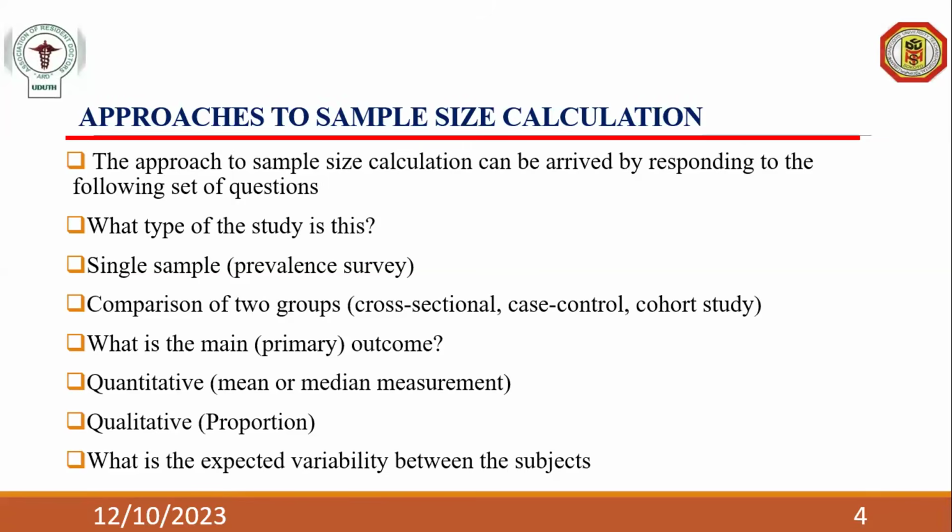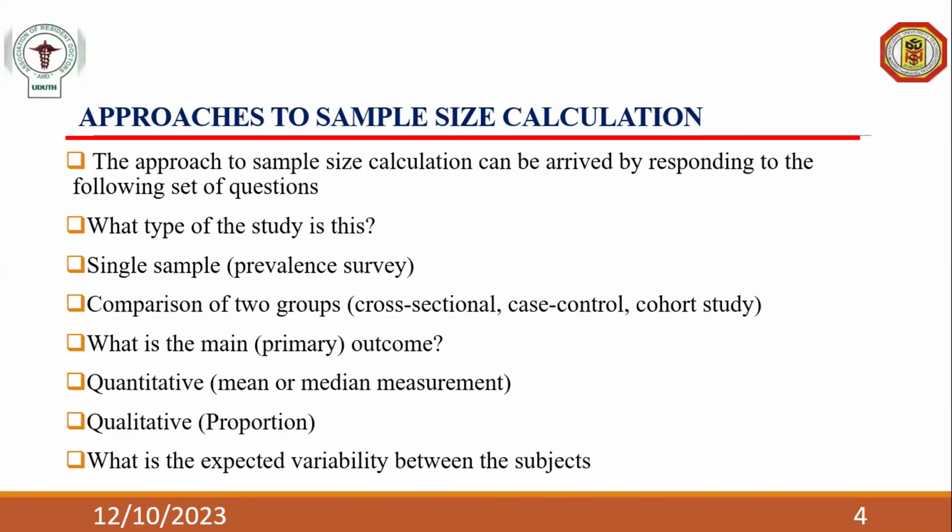So when you know your study type, you know your sample, you know your grouping, whether it's a comparison group or not, you must also know your outcome variable. What is your outcome? Is your outcome quantitative, that is, measured in number, or is your outcome qualitative, measured in category?